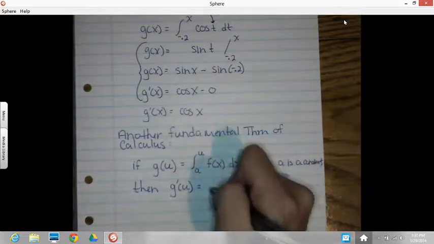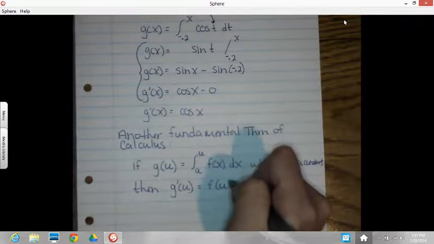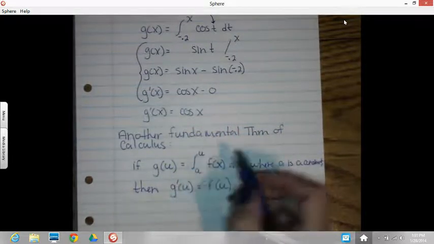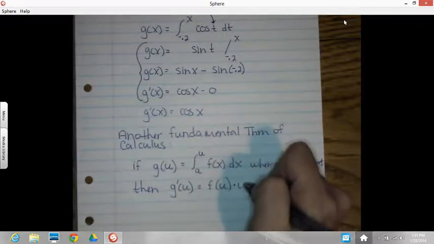So it's f of u, and then what doesn't show up is you do have to multiply by the derivative of this u. So times u prime.